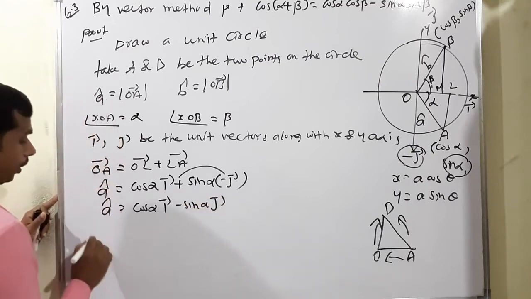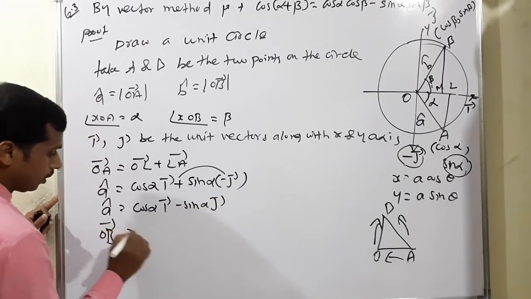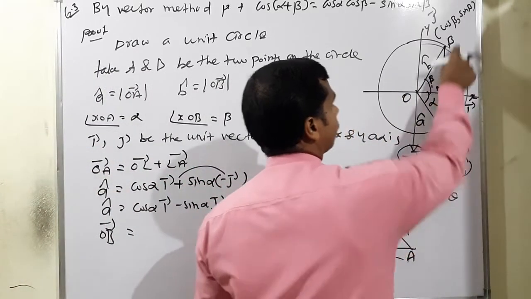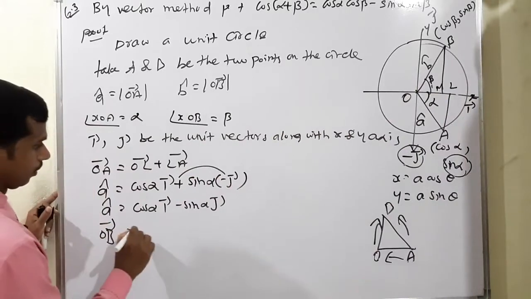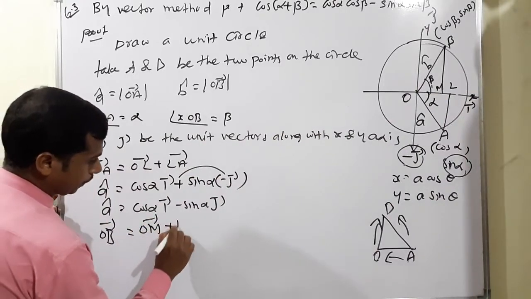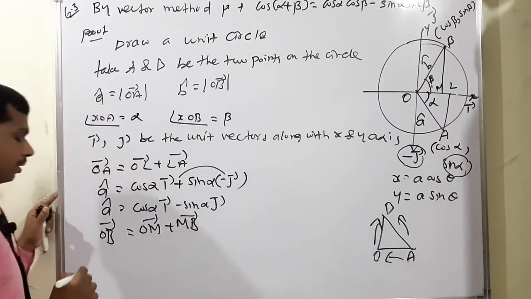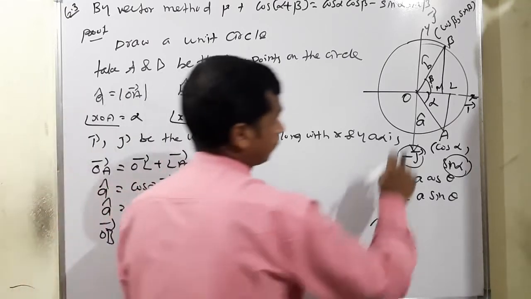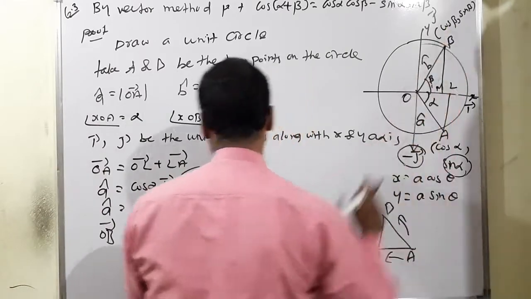First, condition OA. Now I am moving to OB. So OB: this is M, isn't it? Therefore, OM vector plus MP vector. Look, OM vector is along the x-axis, so we can write cos beta.